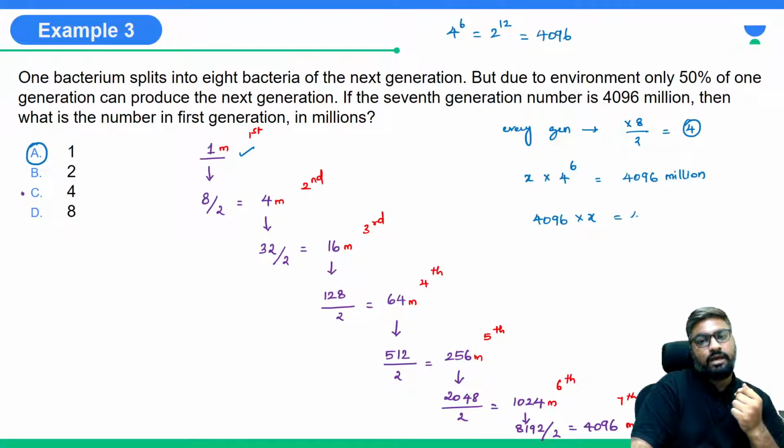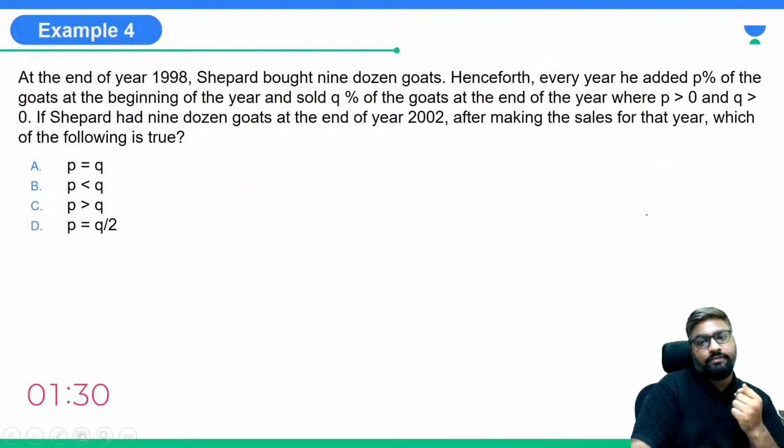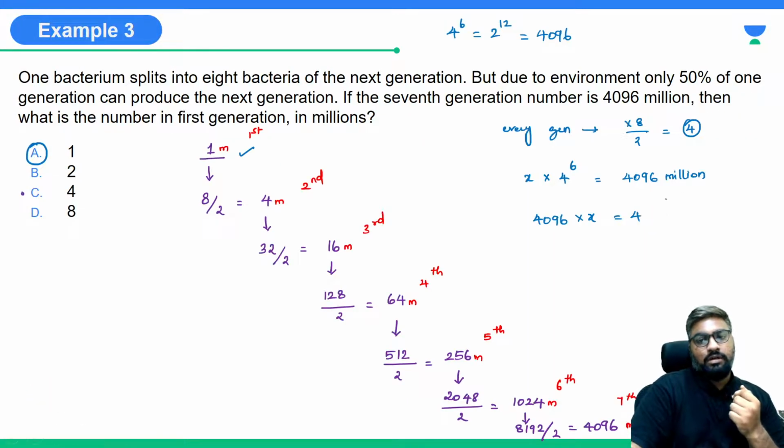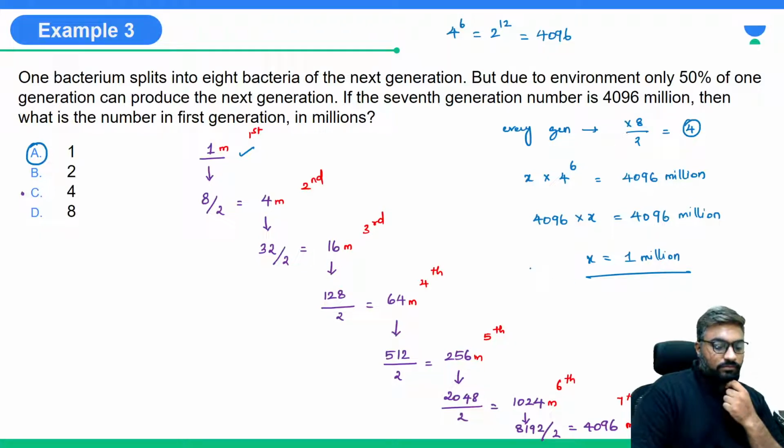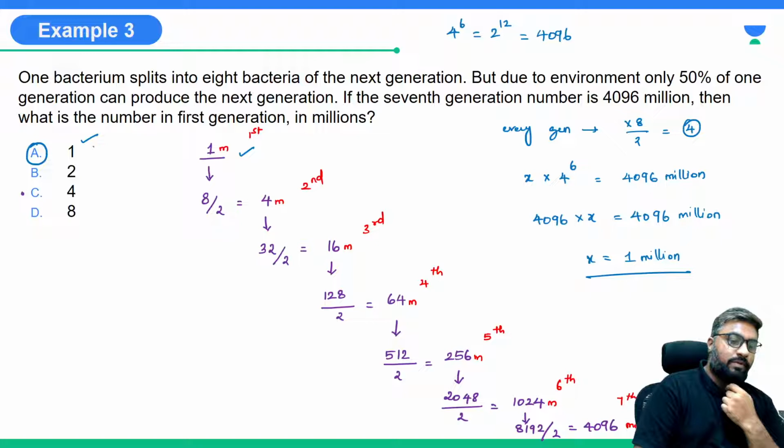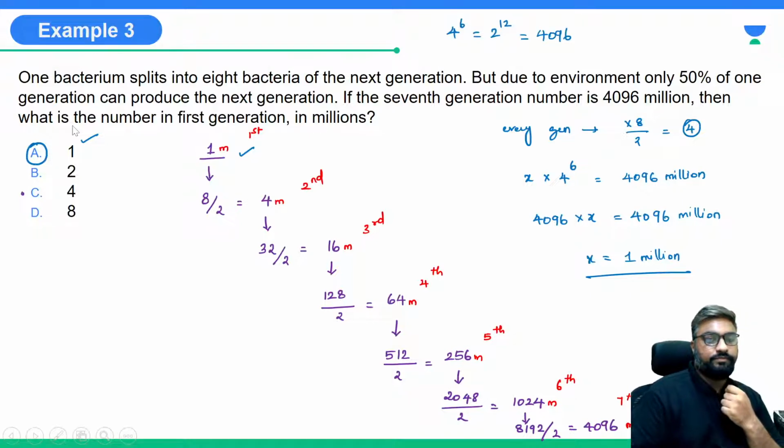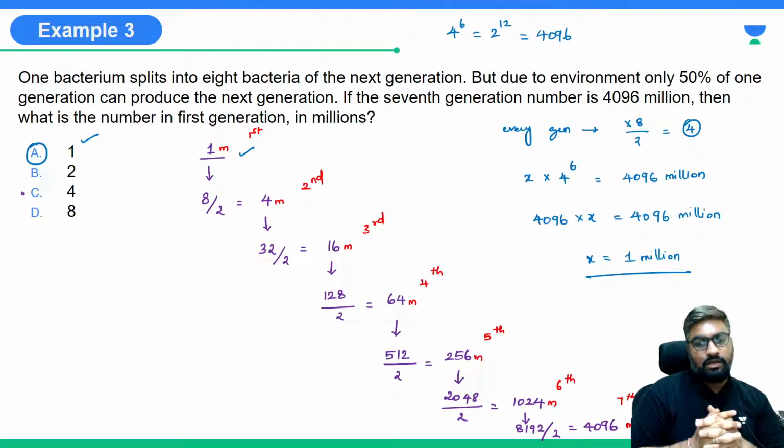So this is 4096 million. So can we say x is nothing but 1 million? Correct. Yes.